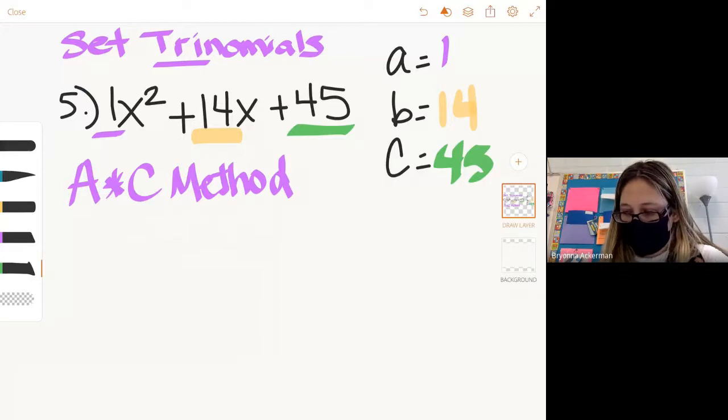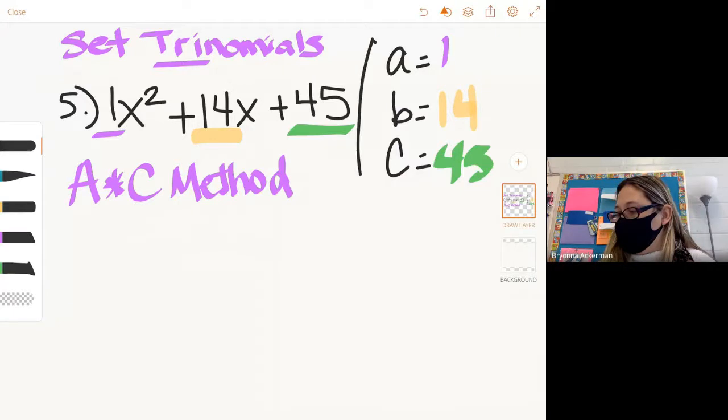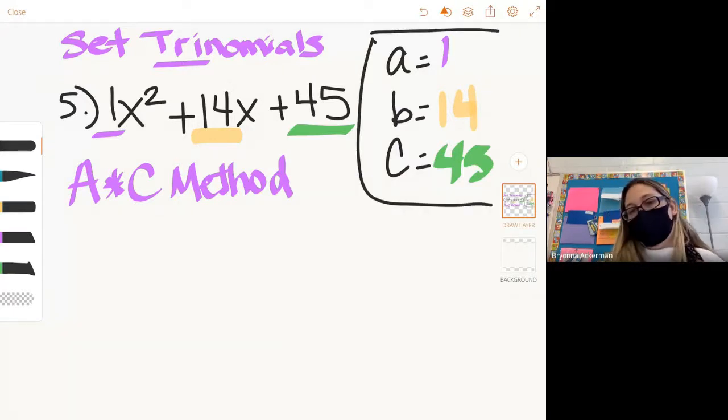Okay. So it's very important to do this piece first to get your A, B, and C, because it'll just help you. It's a good habit to do that because as we get into other things, you're going to want the A, B, and C. All right. So now the AC method, it's called this because you take A and you multiply it by C. That's the first step.